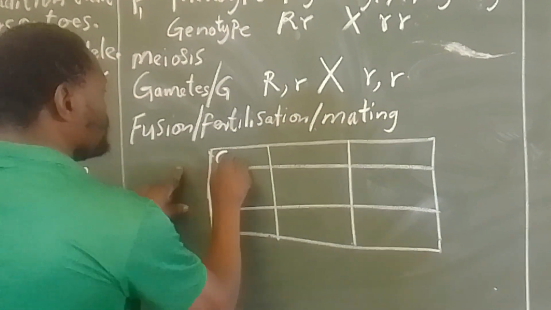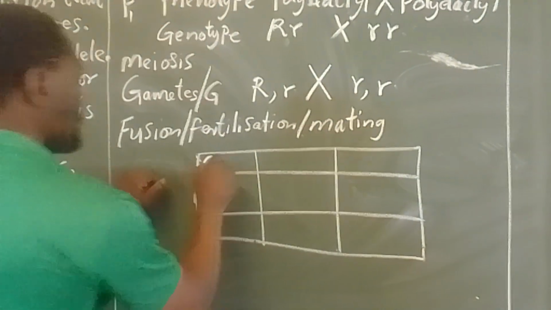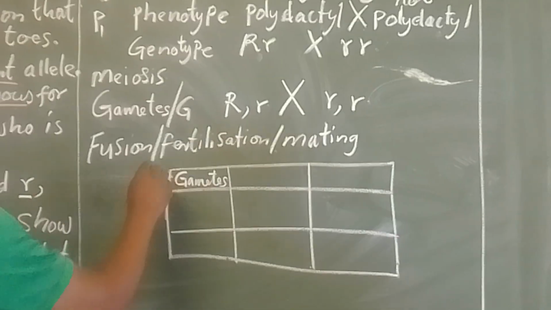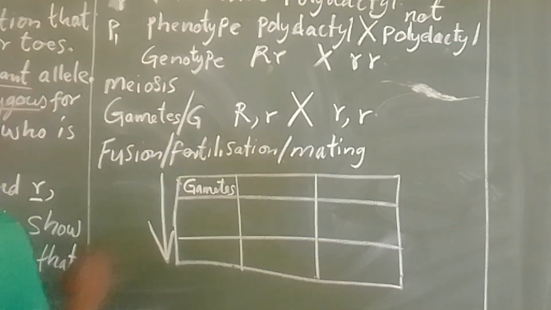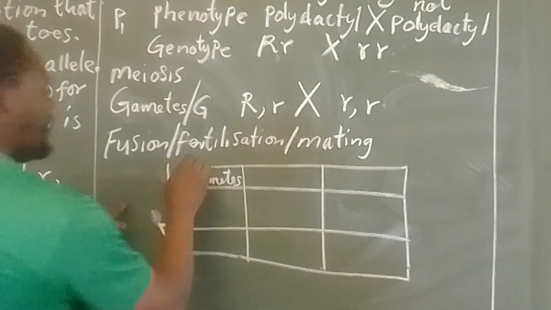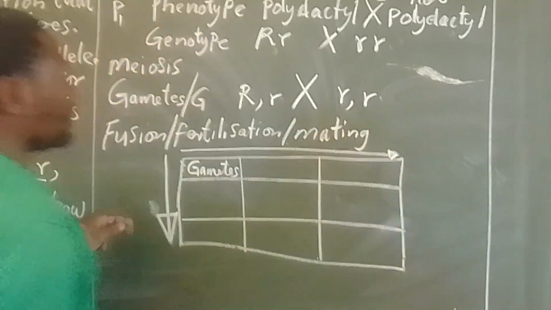Here you put your gametes, capital letter G. These gametes go downwards and they go across.